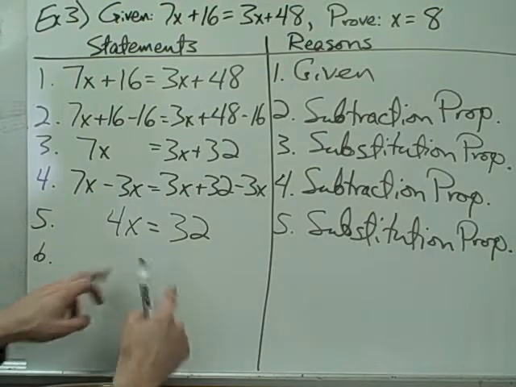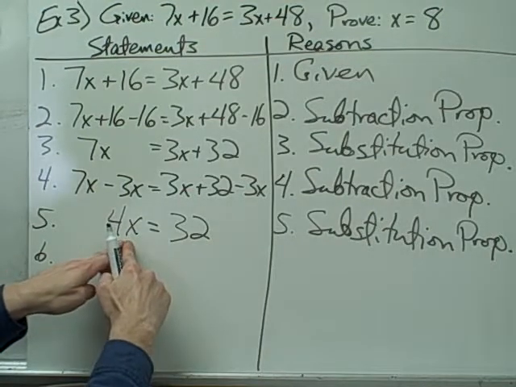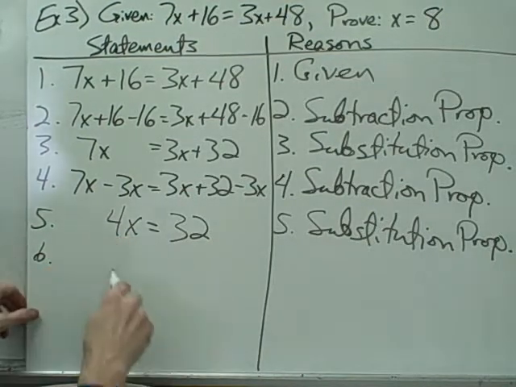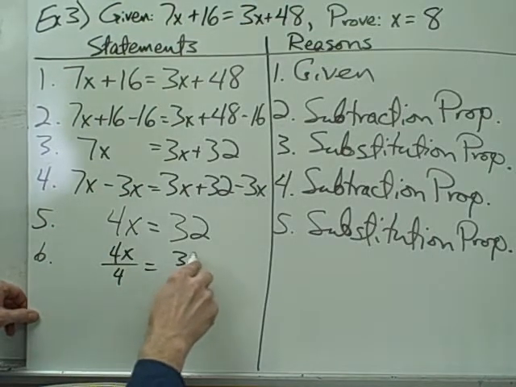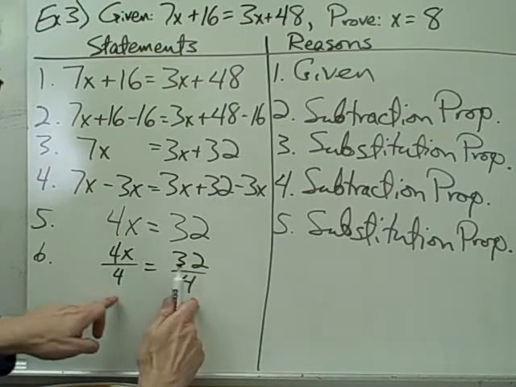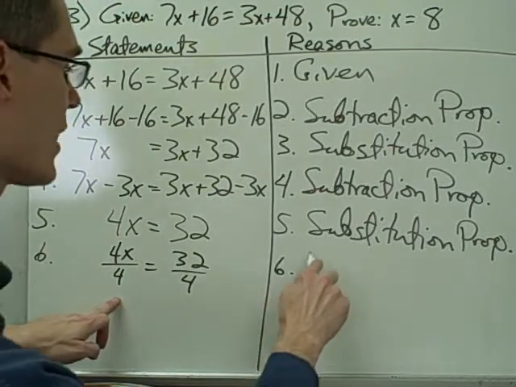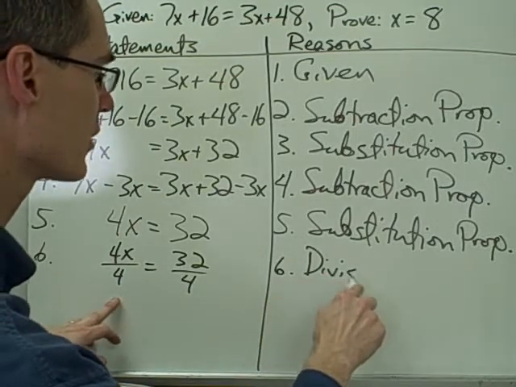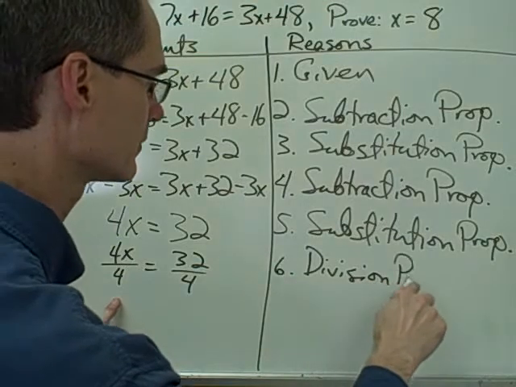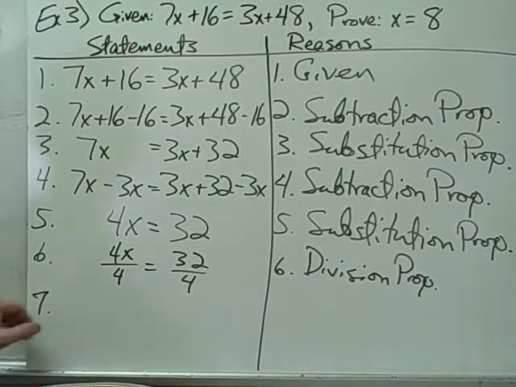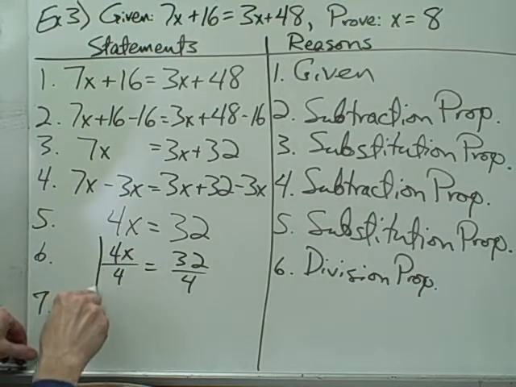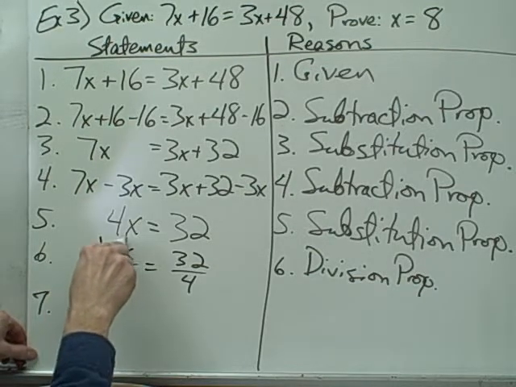And I want to get x by itself, so I'm going to divide both sides by 4. 4x divided by 4, 32 divided by 4, and since I'm dividing both sides by 4, I'm using my division property of equality. And finally, one more time, I'm going to use my substitution property.